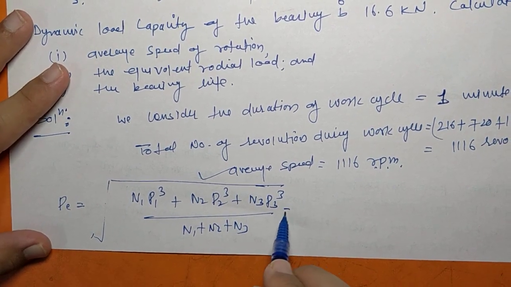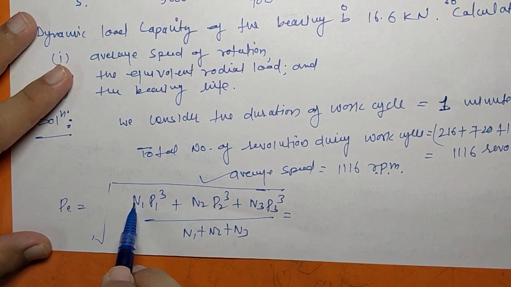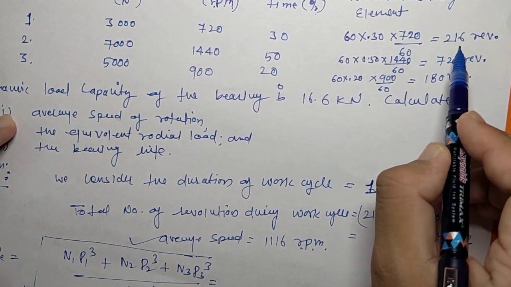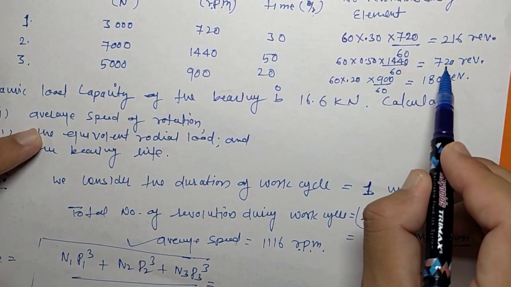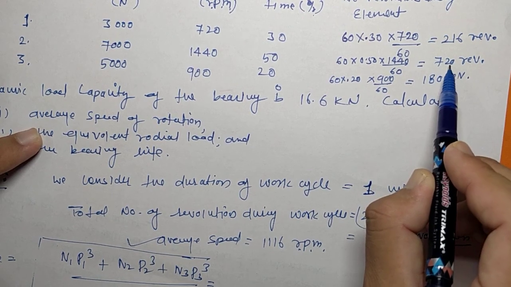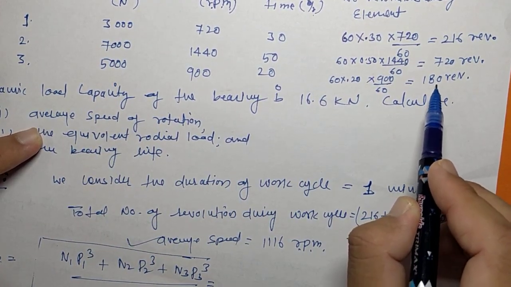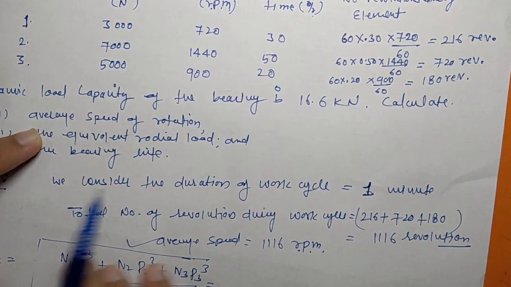During 216 revolutions the radial load was 3000, for the next 720 revolutions the radial load was 7000, and for the next 180 revolutions the radial load was 5000 Newton.